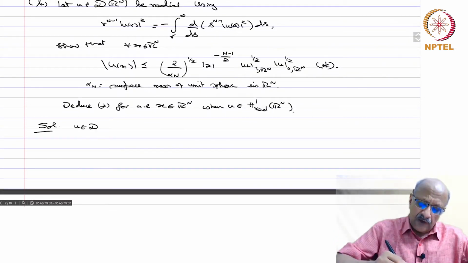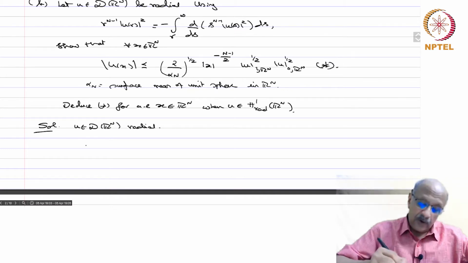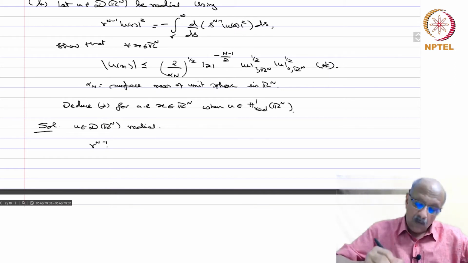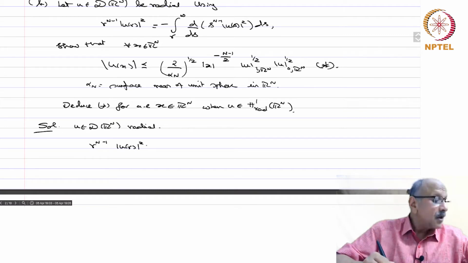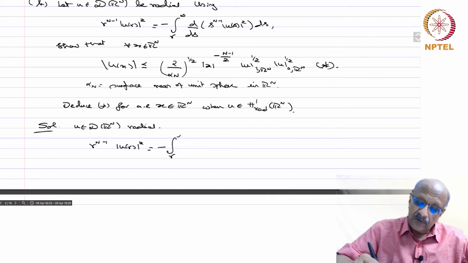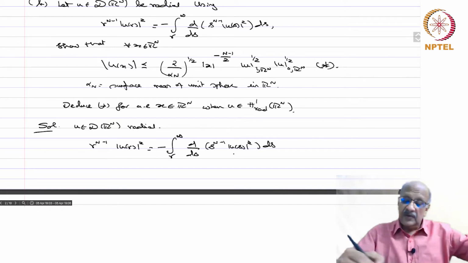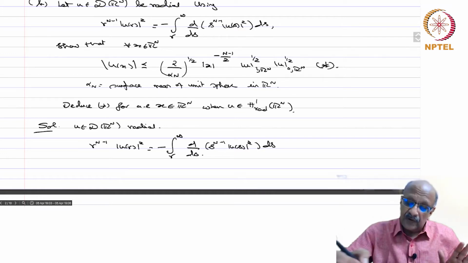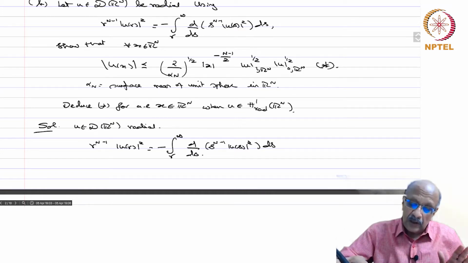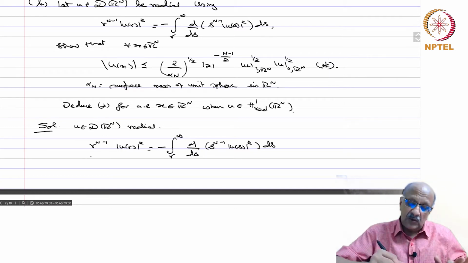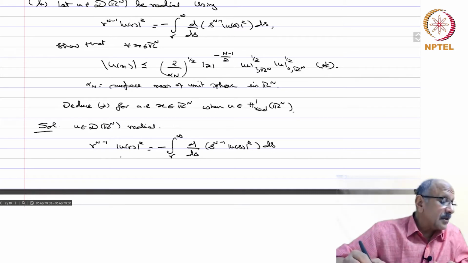So u is in D of Rn, radial, and you have r^(n-1) |u_r|^2 equals minus the integral from r to infinity of d/ds of s^(n-1) |u_s|^2 ds, because this is just an integral of a derivative and therefore it's minus the end values. U is in D of Rn, so at infinity will give you nothing. With a minus sign you get exactly the lower limit, and that is equal to that.